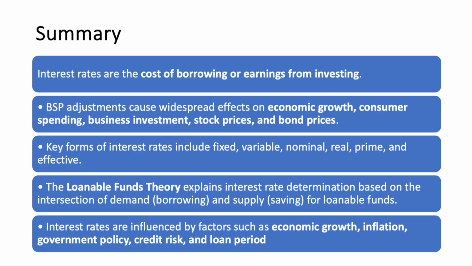The loanable funds theory explains how interest rates are set through the interaction of the demand for funds, from borrowers, and the supply of funds, from savers. Finally, several factors affect interest rates.